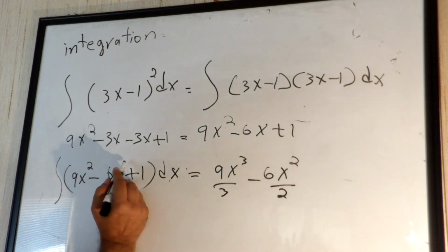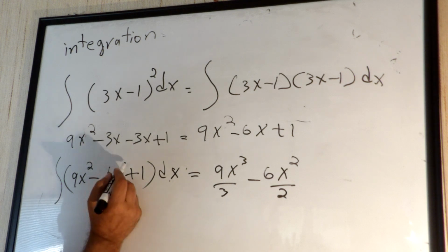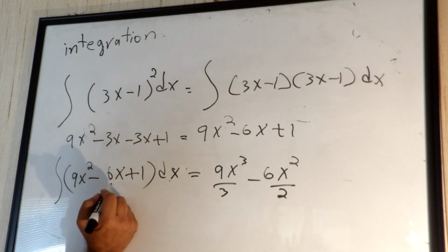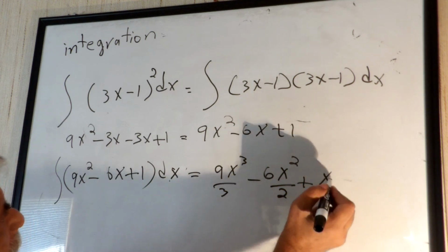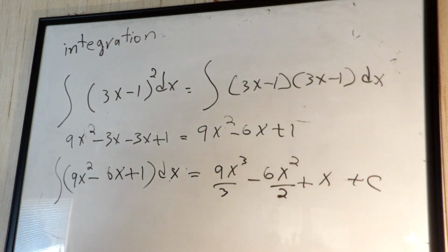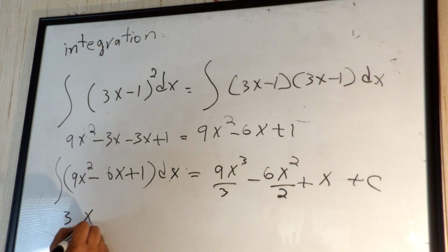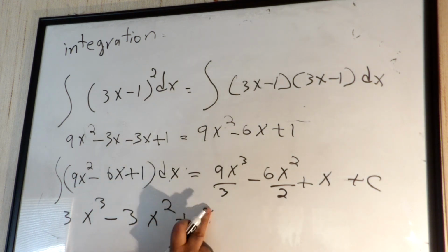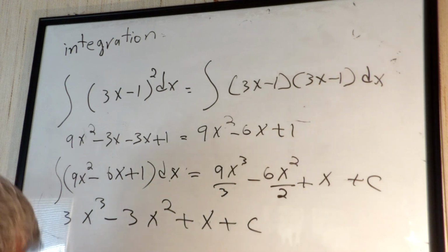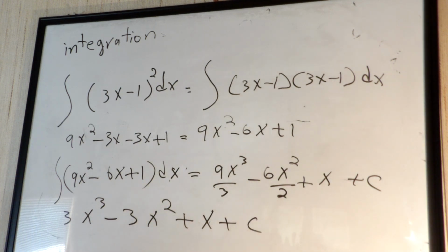So we add 1 to the exponent and divide. 1 plus 1 is 2, divided by 2, and plus x plus c. So it's going to be 3x^3 minus 3x^2 plus x plus c. So that is going to be the answer.